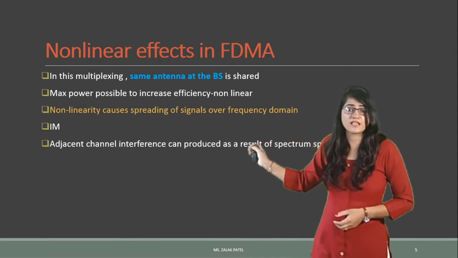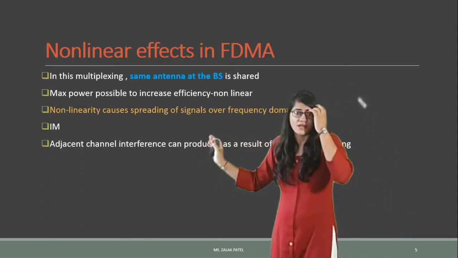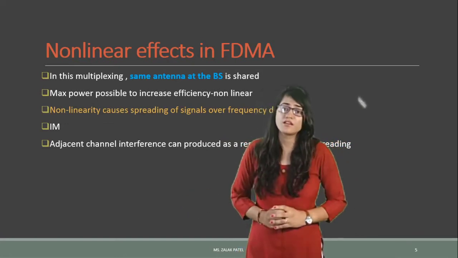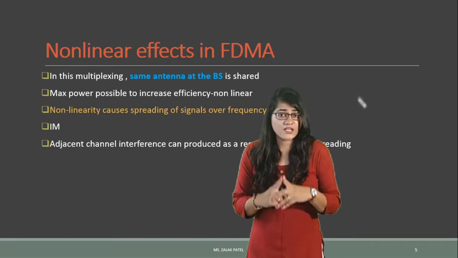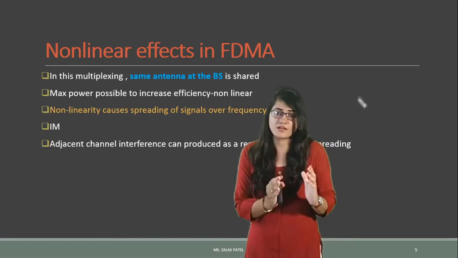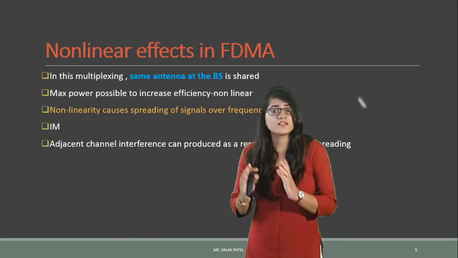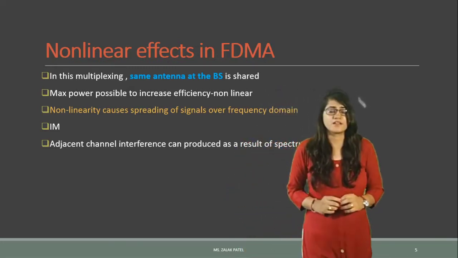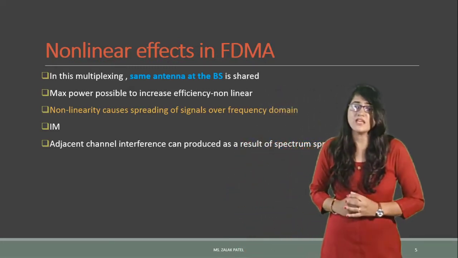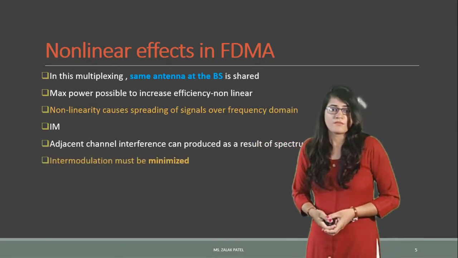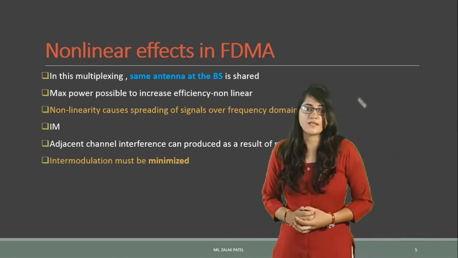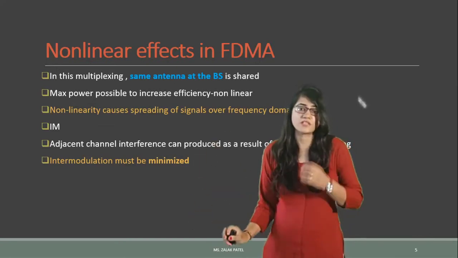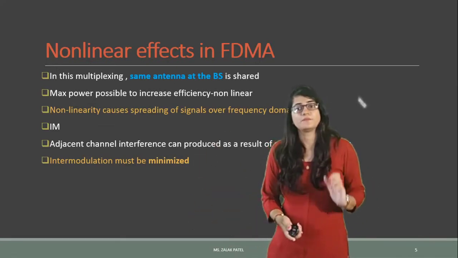And because of that, as we discussed in unit number 2, adjacent channel interference can be generated. Adjacent channel interference is nothing but the interference between channels that are adjacent in frequency. As a result, the spectrum can be distorted. As I already discussed, the intermodulation factor should be as minimum as possible in the case of FDMA.